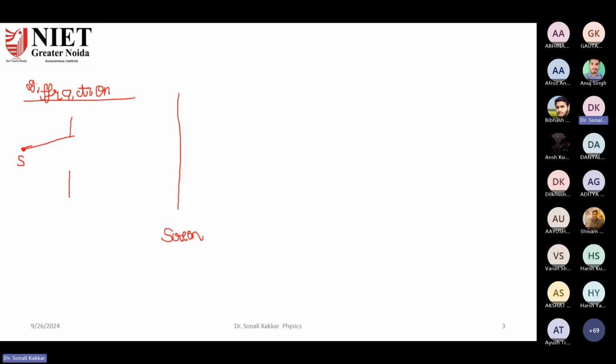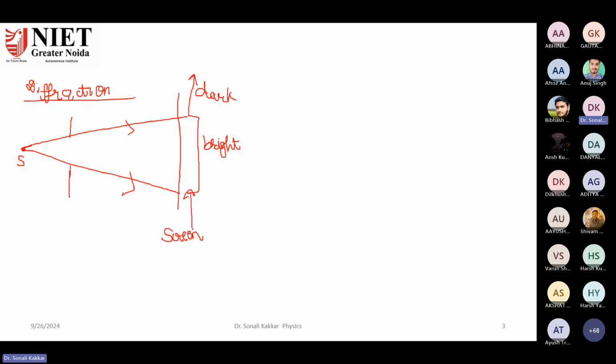Suppose this ray is a straight line. The rays from the opposite extreme ends of the slit will reach and the screen will appear bright in this region, and it will be dark above this region and also below this region. Clear? This is the normal thing you will see, right?